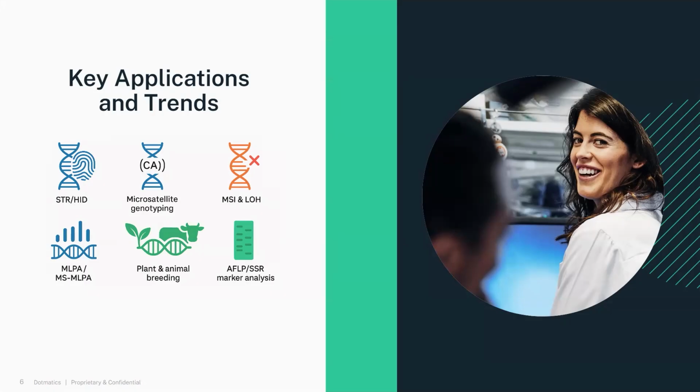These aren't fringe applications. They're foundational to human identification, biodiversity tracking, and copy number quantification. Fragment analysis is often the right tool when sequencing would be overkill or too expensive for routine use.